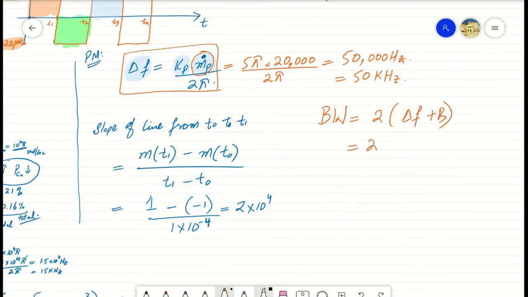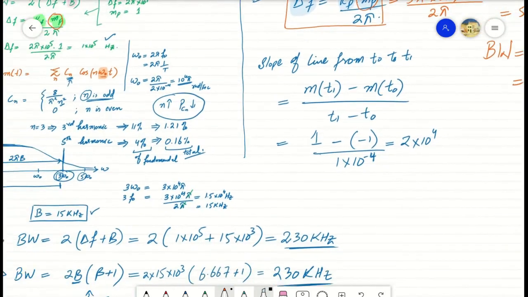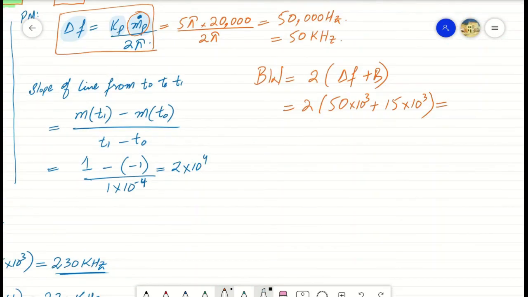So by substituting the value of delta f, that we have calculated as 50 kilohertz, plus the bandwidth of information signal, which is 15 kilohertz, the bandwidth of phase modulated signal can thus be calculated as 130 kilohertz.